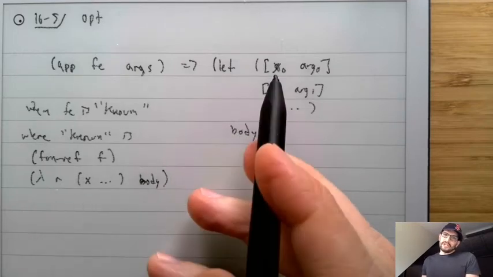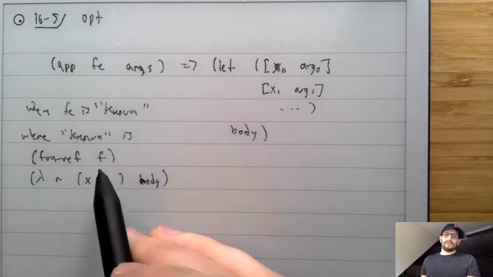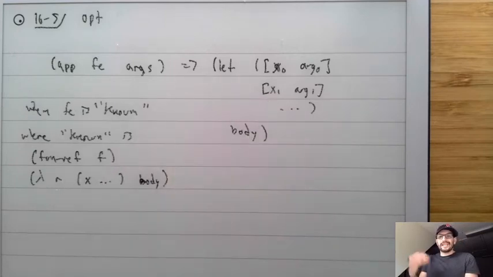So you'd have to not only bind the arguments, but also bind the recursive name to this function again, just in case it gets called again. So you can totally do this. I would recommend that being the extent of it, because doing more analysis to try to figure out when lambdas flow to other places is more complicated, and in fact that's exactly what the next unit is all about.